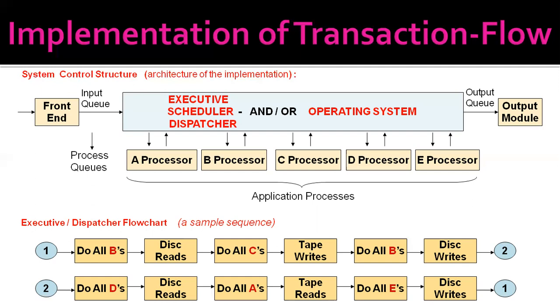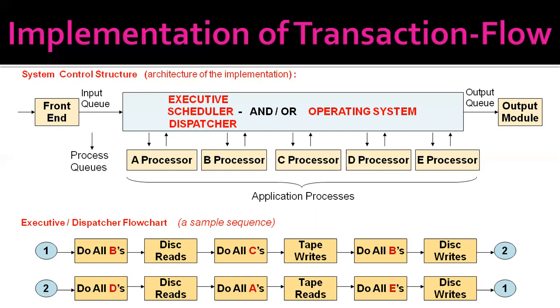The TCB contains the number of operations involved in this particular transaction, how many operations have already been executed, and how many operations still need to be executed. It also holds the different files, variables, or identifiers of the data this transaction is working on. All this information is what we call a TCB.